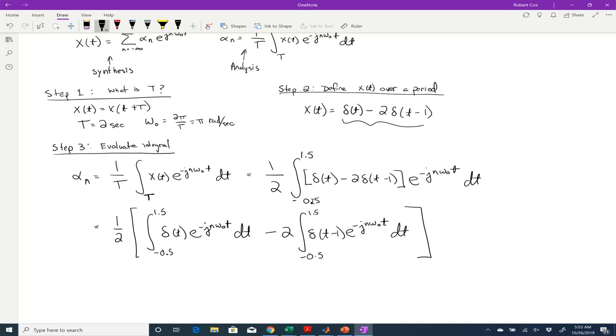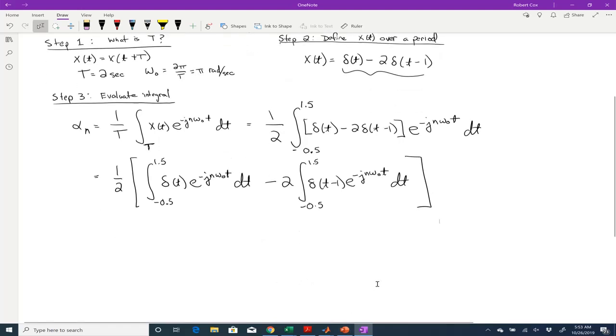All right, now to be able to evaluate this, I have to go back and remember this thing we called the sifting property. Okay, so it looks like what I have in each of these integrals is some function f of t, where in this case f of t is e to the negative j n omega naught t.